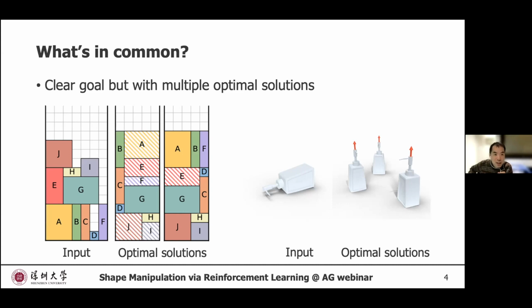I have one quick question. It's impressive that you use reinforcement learning for learning a policy for the first project you presented, for the packing. I'm curious how well it generalizes, for example, to different problem settings.